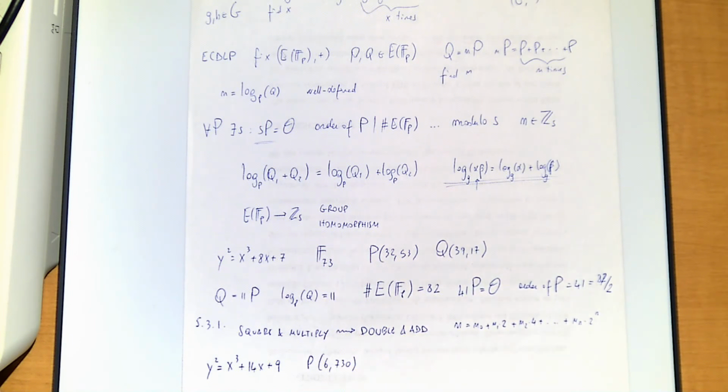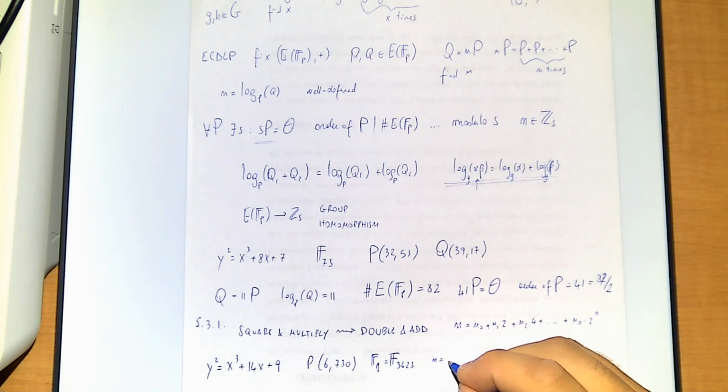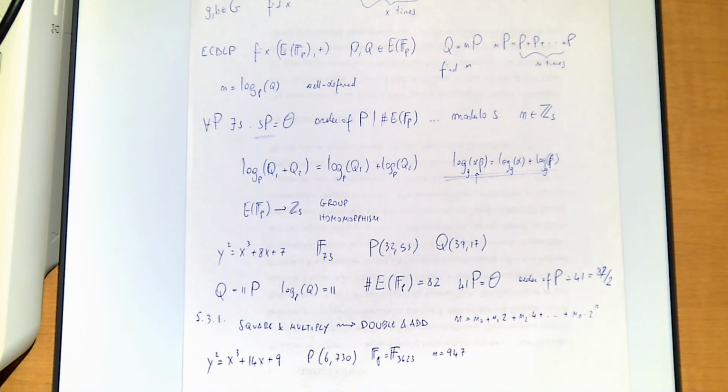Let's take Fp to be F3623, so things start to be not trivial anymore, and consider the multiple 947. So 947 times the point P. If I have to do 947 additions, this becomes quite tedious.